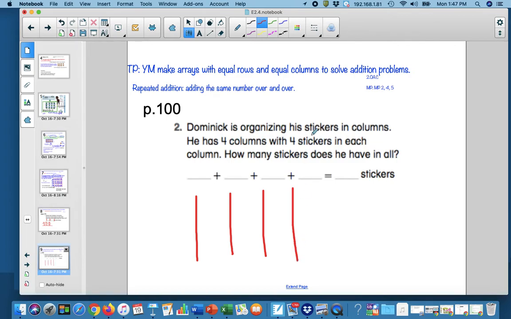He's organizing his stickers in the columns by putting 4 in each column. We have to find out how many stickers he has in all.